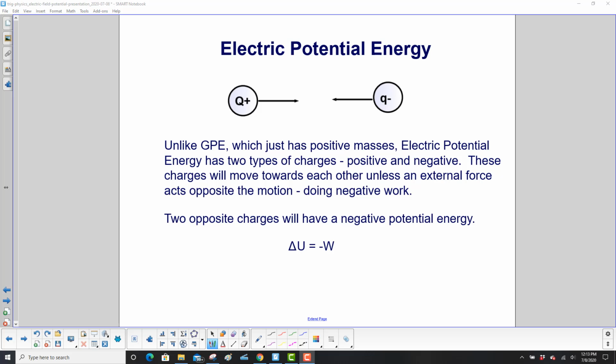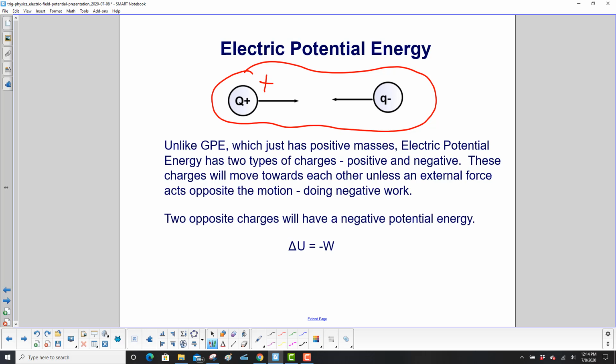And here's where we're different from gravitational potential energy. You just have two positive masses that attract each other. Electric potential energy has two types of charges, positive and negative. These charges will move towards each other unless an external force acts opposite the motion, doing negative work. So what did we do here? I kind of slipped that in without saying.